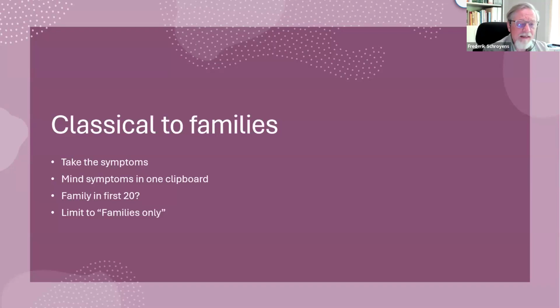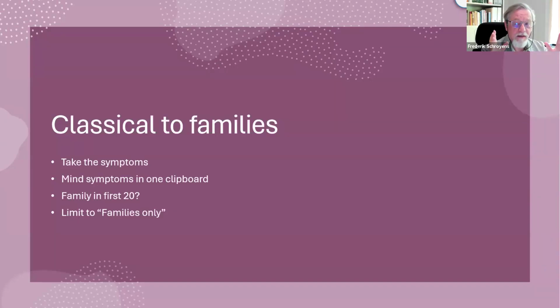And when you then analyze these symptoms, you may see a remedy appear with an asterisk in the analysis, okay? A remedy which is followed by an asterisk means that it is a family. And I would like to suggest that if this happens in the first 20 remedies, this is probably relevant information.